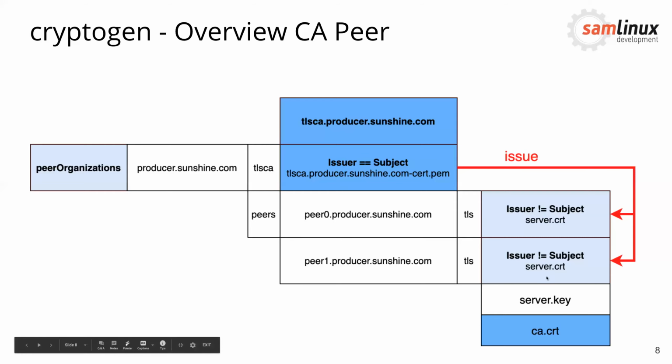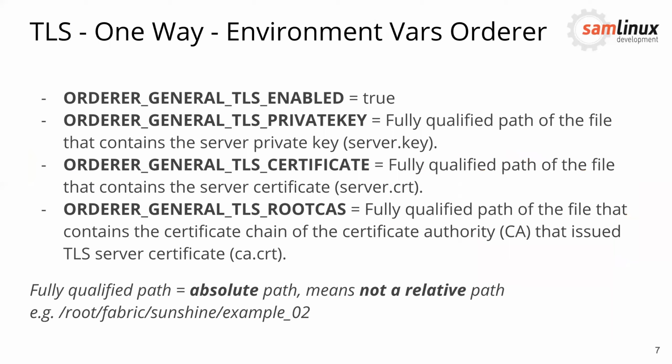As you can see here, we have the server key, we have the cert, and we have a copied TLS root certificate. And so this is the structure. And when we want to enable this, for example, for the TLS one-way version, we can do this with a set of environment variables.